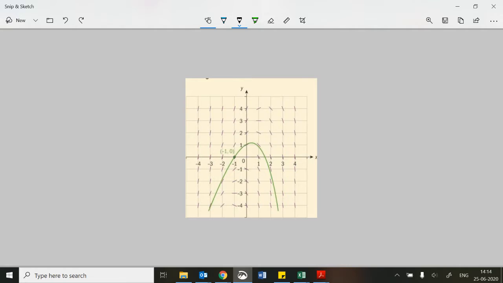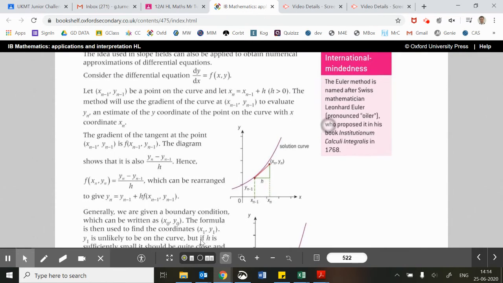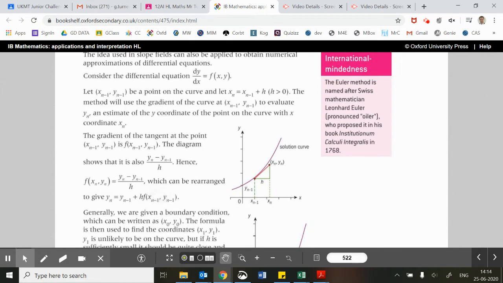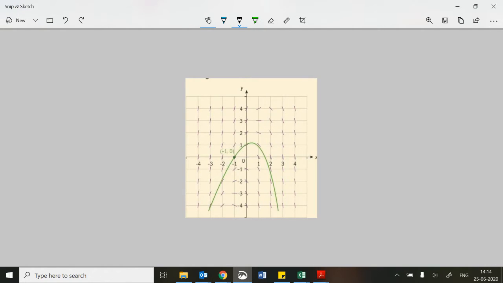In the book, this is pretty difficult to read through. They give you this formula here, but it's actually fairly straightforward. It's just saying, let's add on to our previous height whatever distance we're moving across, times the gradient. So for example, if we were at a height of 0, h is that small difference in x that you're adding on in this direction.